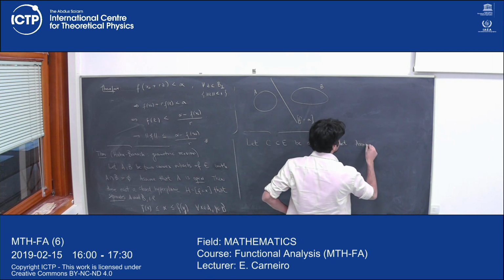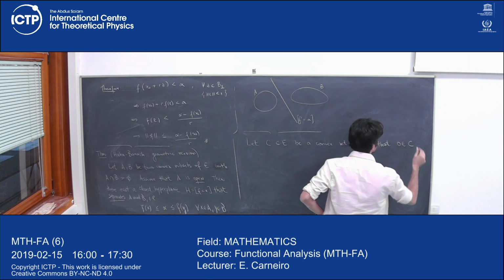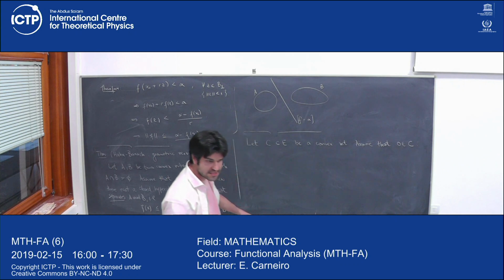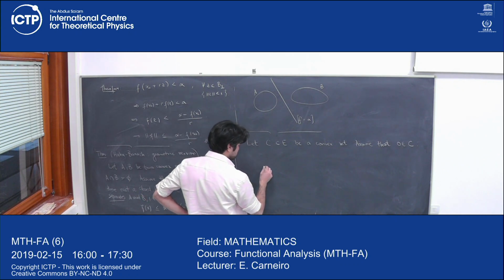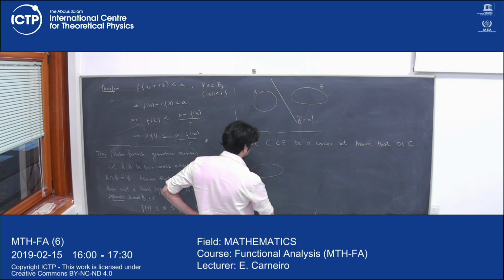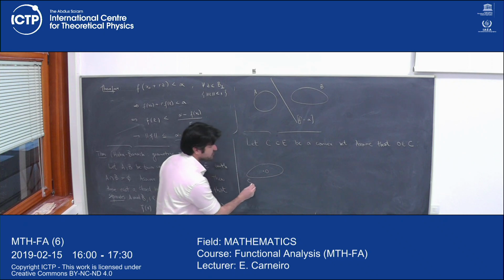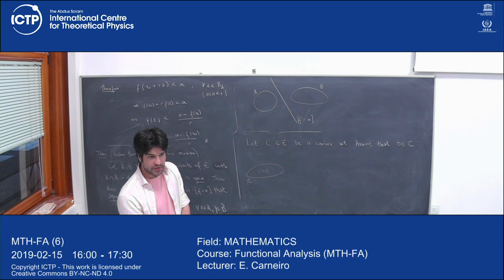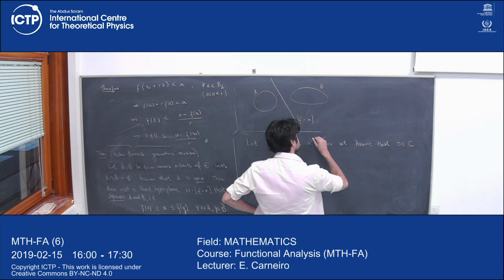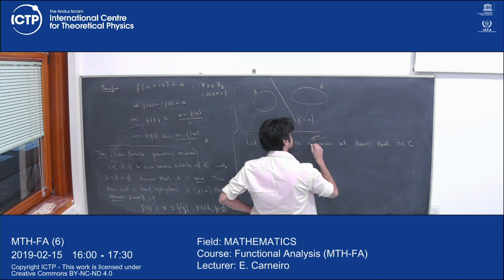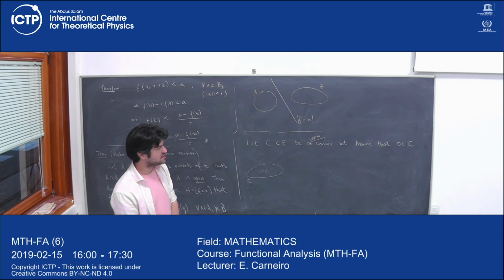Assume that 0 belongs to C. Assume that we have a convex set and the 0 of the vector space belongs to C. So this is your convex set and assume that 0 belongs to C. This is your C. I want it to be open. So let C be an open convex set and assume that 0 belongs to C.